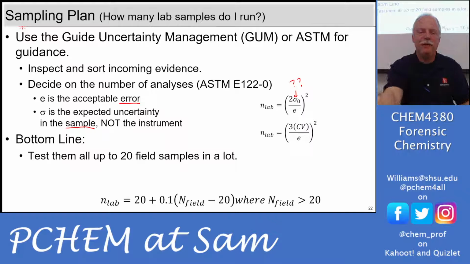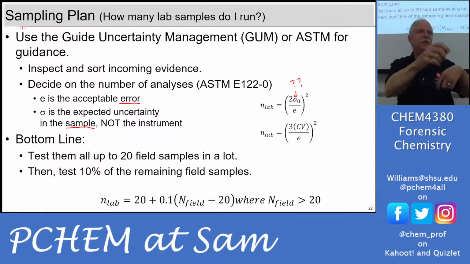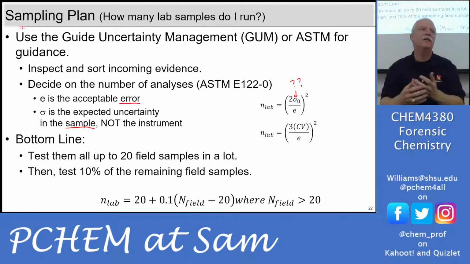So if we have, say, a huge seizure, 500 packages, okay, how many are we going to sample for 500? Well, we know we're going to do 20 of them, chosen at random. So what is 500 minus 20? 480. Then we'll do 10% of the rest of that.